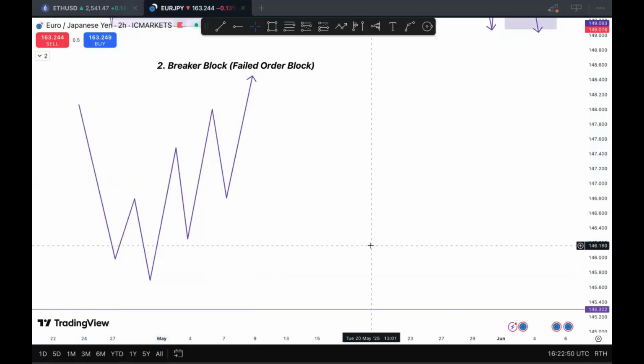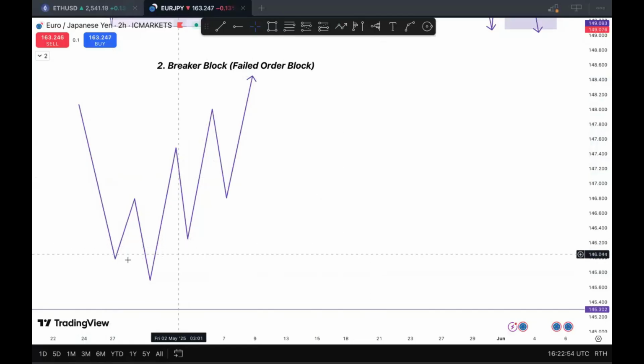So usually for the breaker block, which is a failed order block, you want to look for the failed order block.